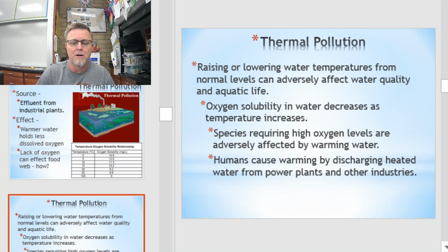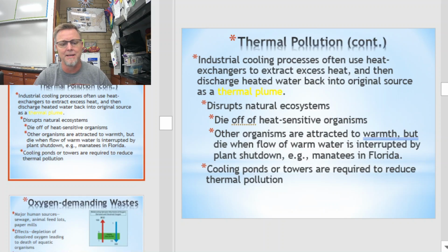Raising or lowering water temperature from normal levels can adversely affect water quality and aquatic life. Oxygen solubility in water decreases as temperature increases. Species requiring high oxygen levels are adversely affected by that warm water. So anytime humans discharge hot water into the ocean, we're contributing to this problem.